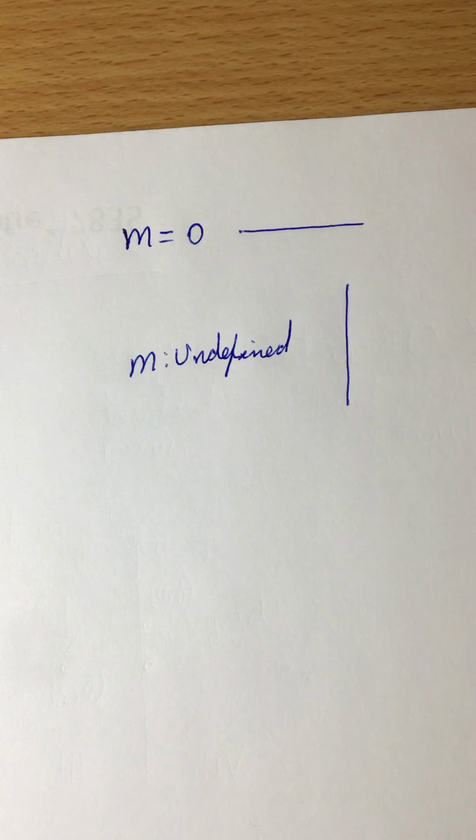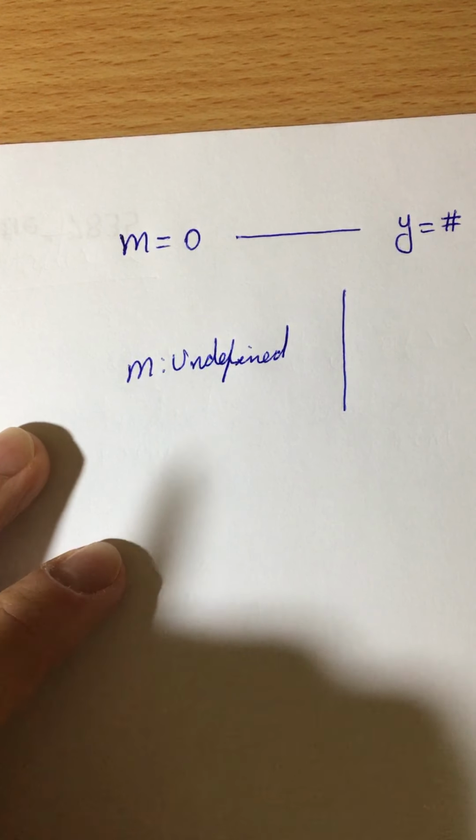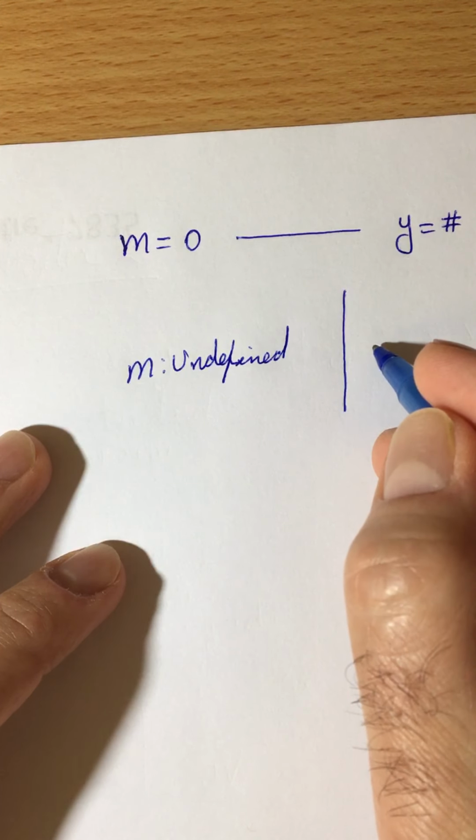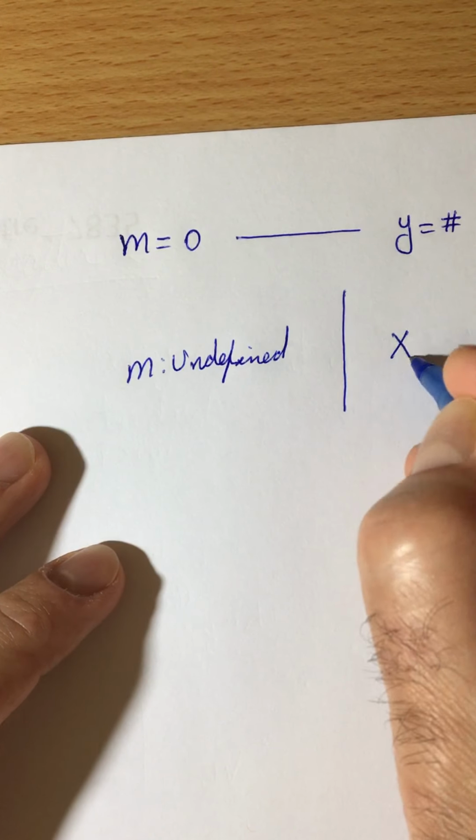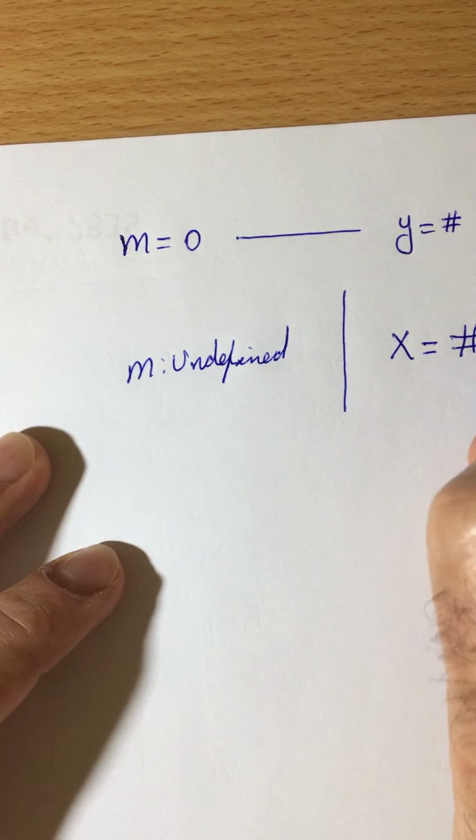We also have to remember 2 more things. The equation of a horizontal line is always y equals a number. And the equation of a vertical line is always x equals a number.